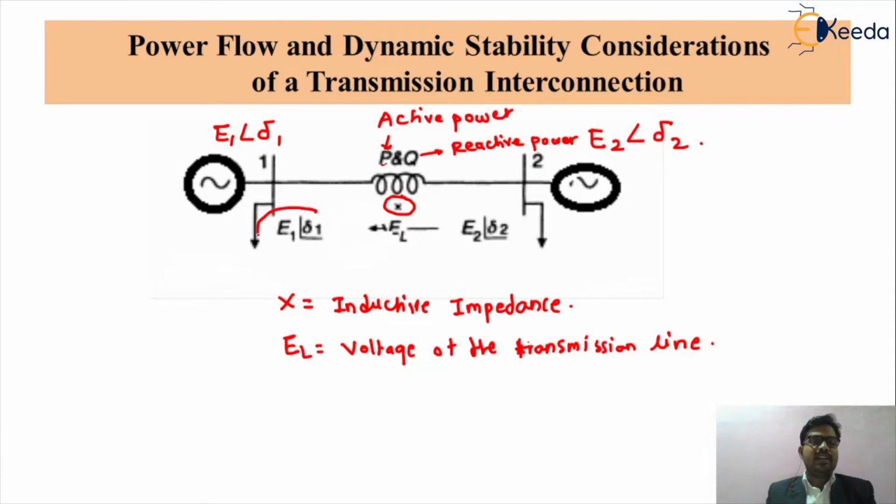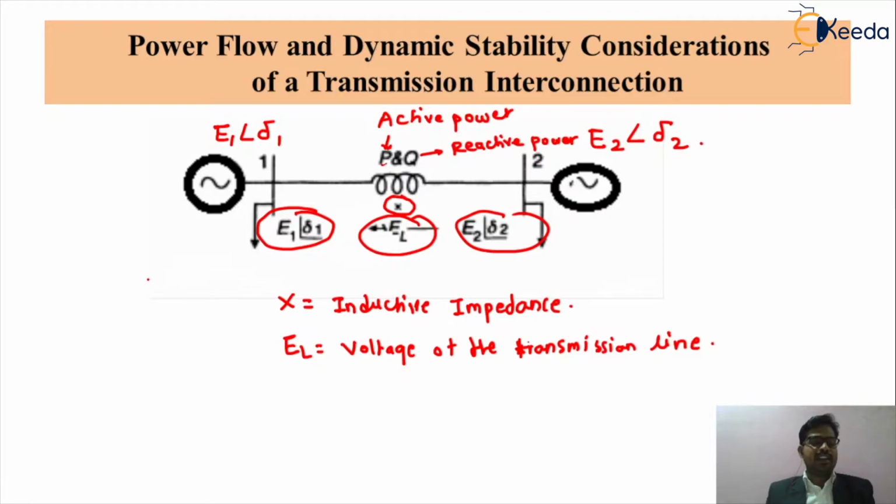That will be indicated by this angle. This EL is the voltage of the transmission line when the line possesses inductive impedance. Friends, let's discuss in detail the different changes while we are discussing different parts of your transmission line.